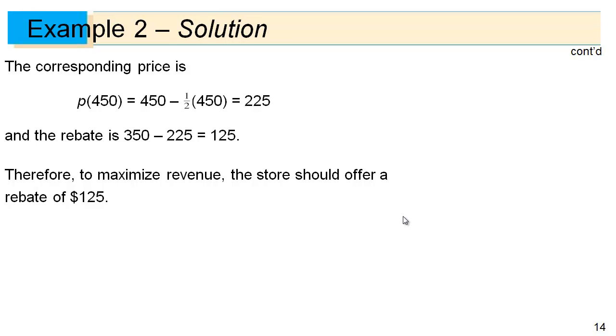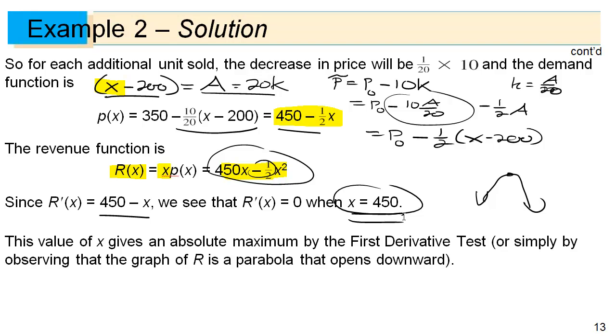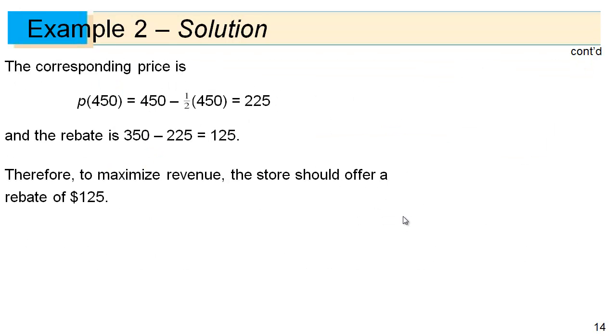And we could even figure out what those profits were, or at least our revenue. We don't know what the profit is because we weren't told how much they have to pay for these Blu-ray disc players, but we can figure out what their revenue would be by plugging that into the revenue function, 450x minus 1/2 x squared.